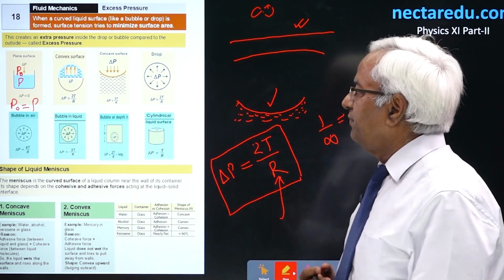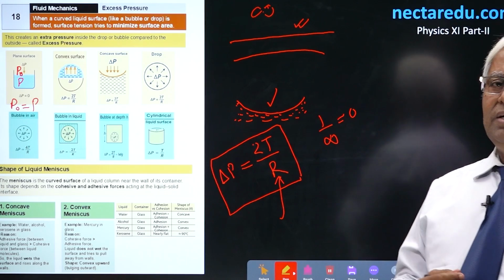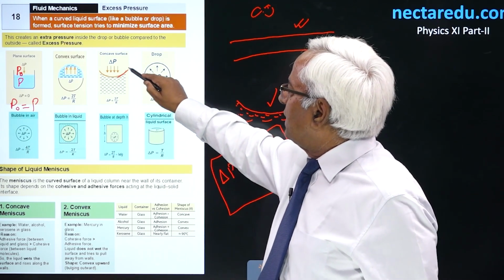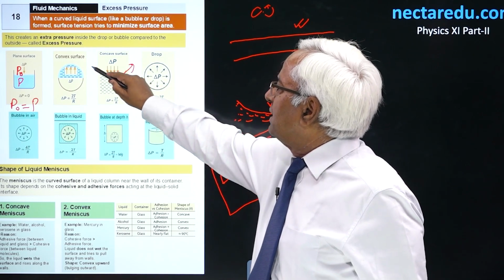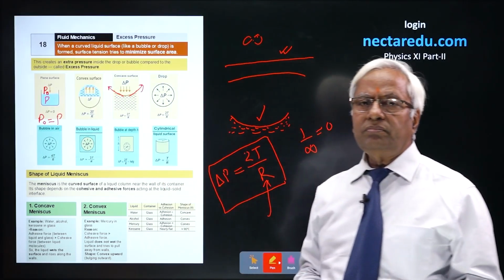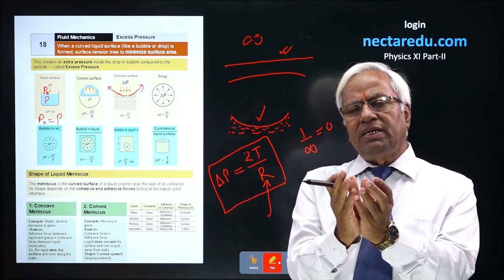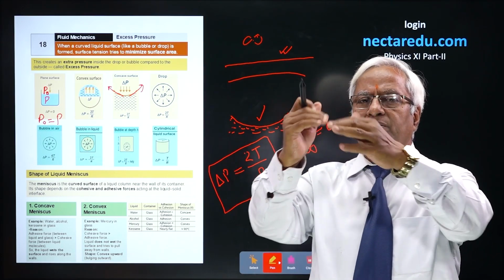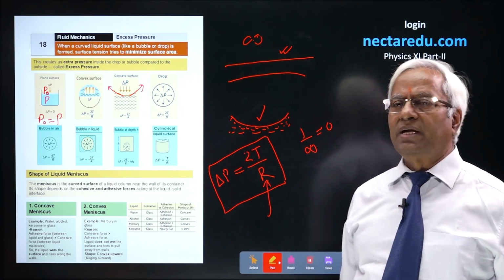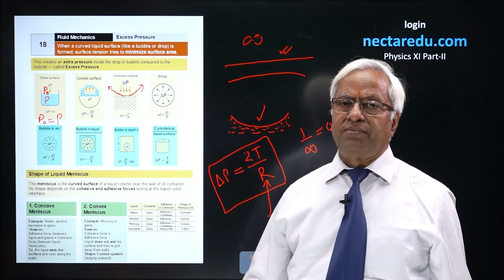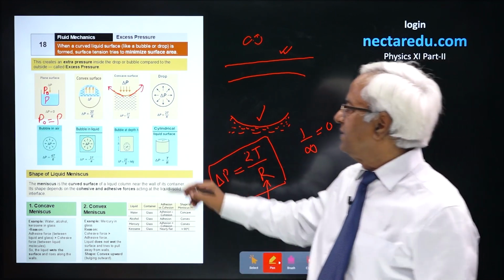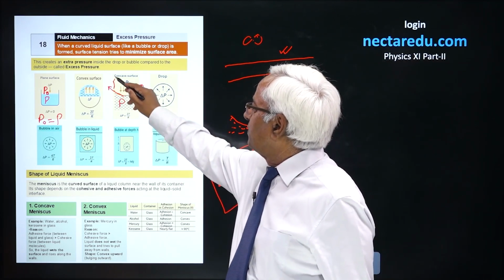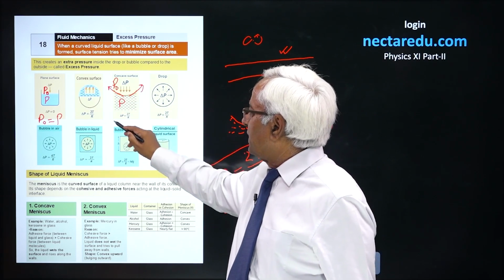Remember, if the surface is concave, as shown over here, the tangential forces will result upward. That means ultimately the upward force will be greater. Pressure above the surface is going to be greater. That means you could say below the concave surface, the pressure is always less. So, obviously, the pressure below the concave surface will be less than atmospheric pressure.